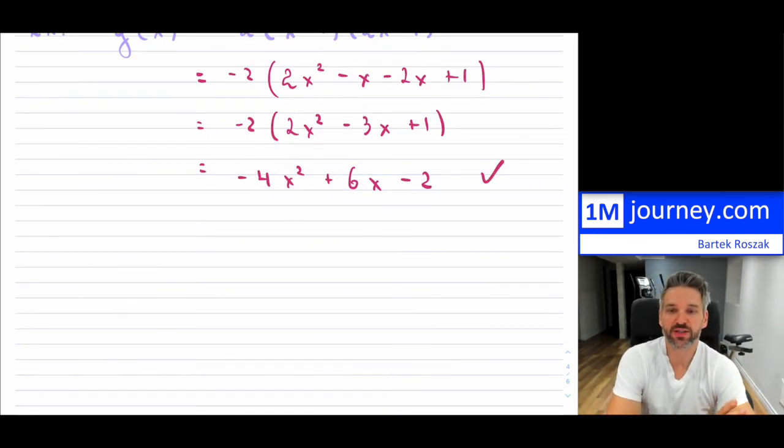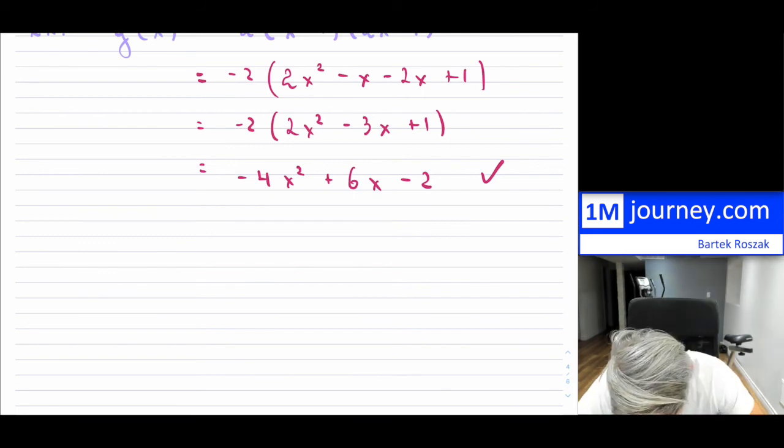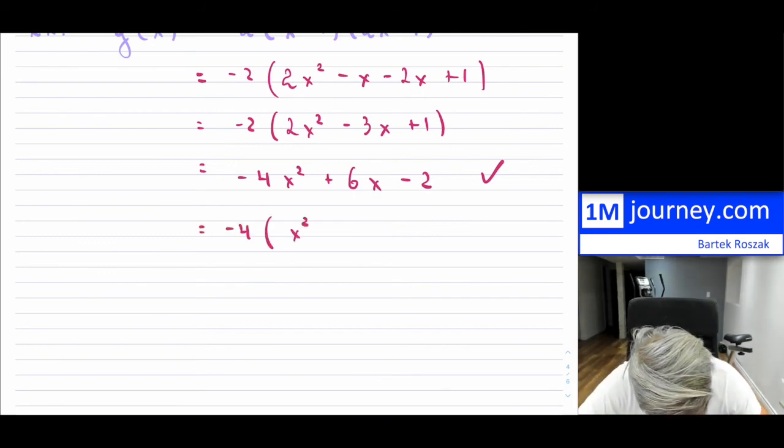All right, so this is now in standard form. And now from standard form, we're going to complete the square and we're going to get the vertex form. Okay, so let's do that.